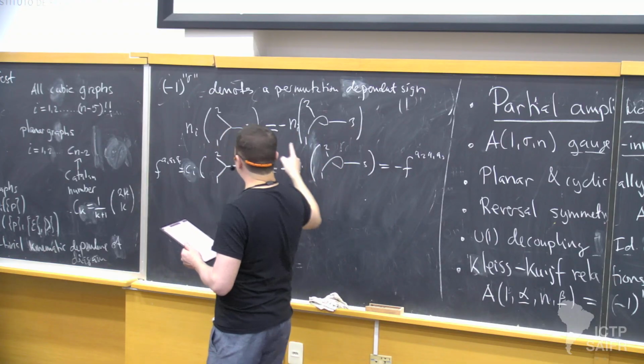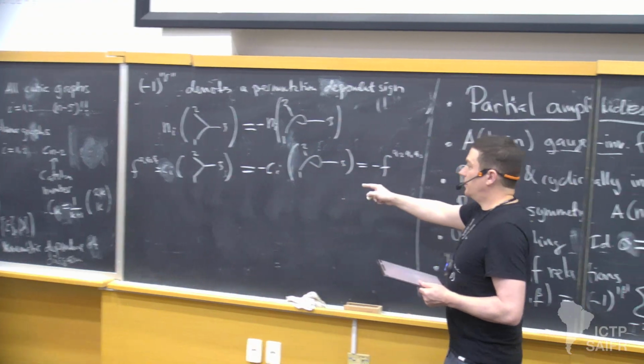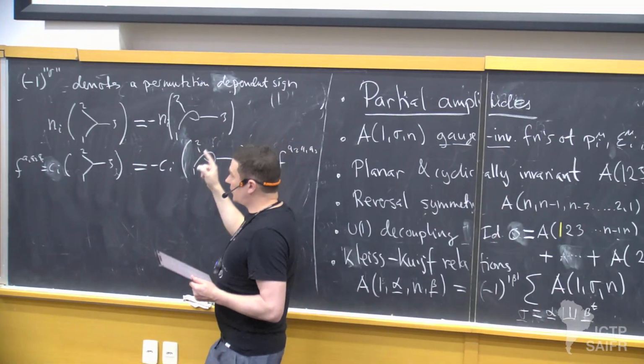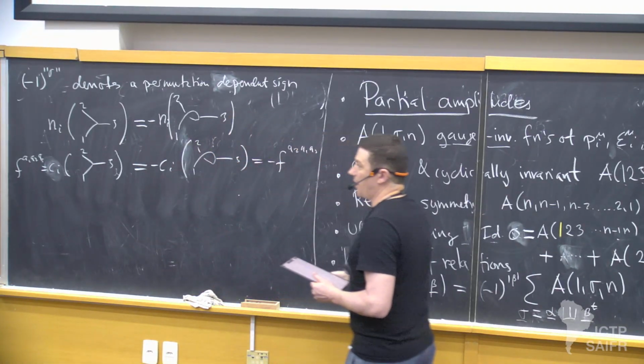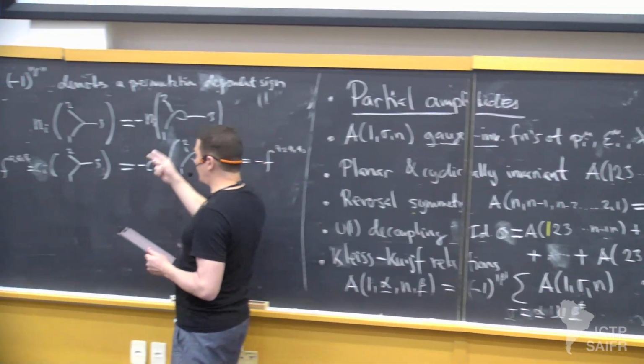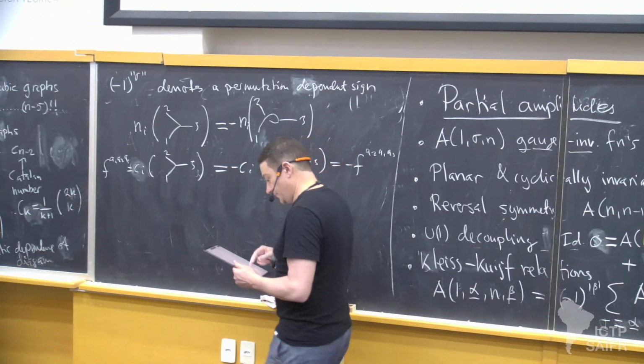So I'm just trying to now take the symmetry properties of color graphs and impose them on numerator graphs. Even though we haven't specified what these numerators are, I'm just trying to say they have to be the same.